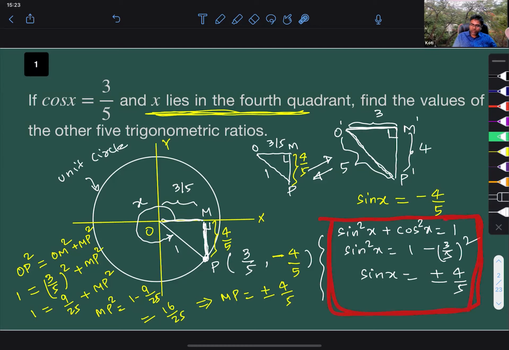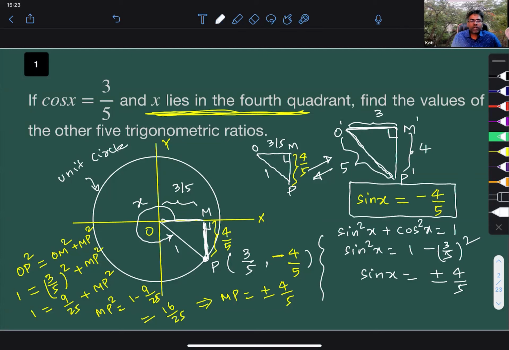Are you guys following what Sudhanya is saying? Yes, sir. So this is better. It's just to show you that we are going back to fundamentals. Now, once we have this sine value, how do we get the other values?